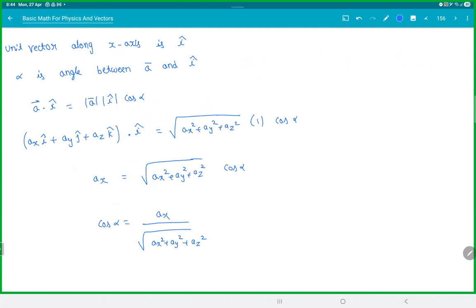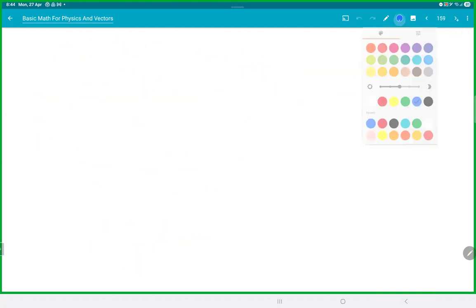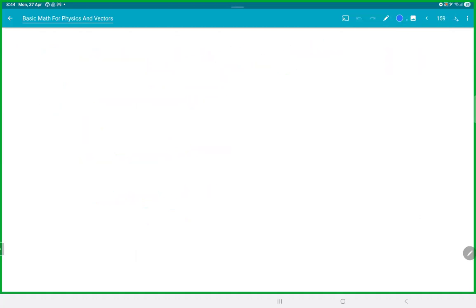So these cos alpha, cos beta, cos gamma are called direction cosines. So we can actually use them. The reason why we call them direction cosines is because of this.